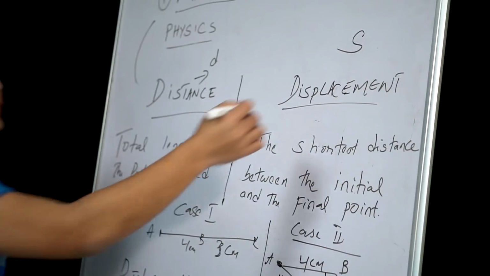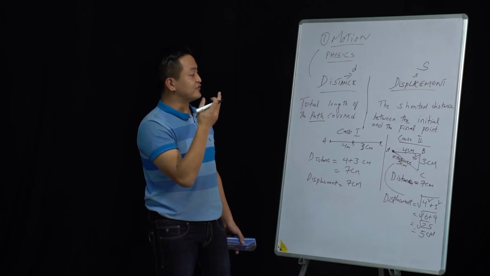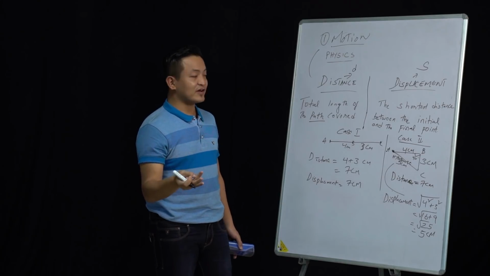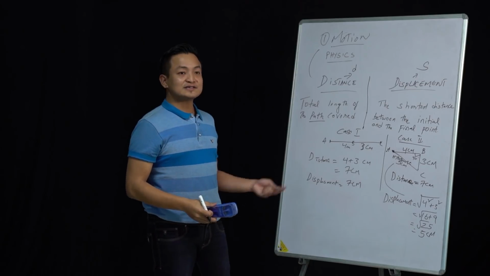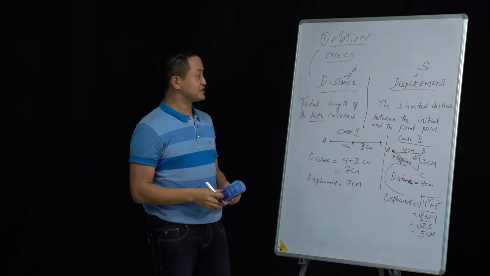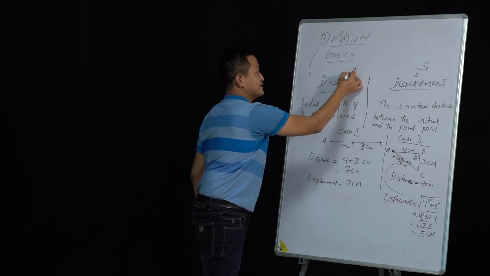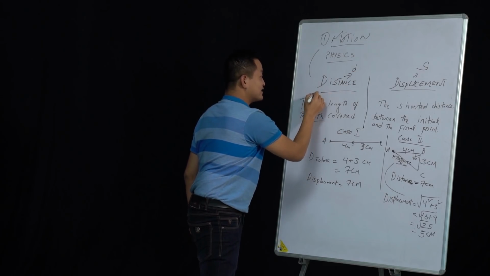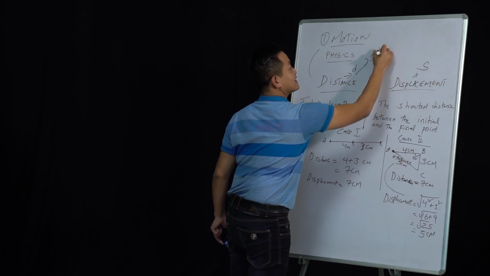Now, in the beginning of the lesson, I gave a difference between scalar and vector quantity. We are going to apply everything here. Scalar is independent of direction, right? So in this case, distance is a scalar quantity.